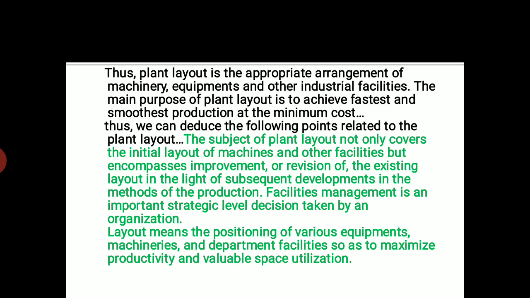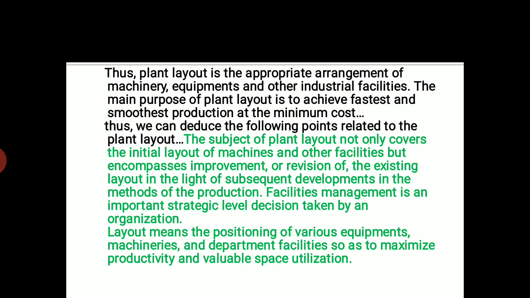Facilities management is thus an important, strategic level decision taken by the organization. So if you have decided what to produce, where to produce, and then how to produce, that how tells you how the internal arrangement should be, how the machinery and equipment should be placed so that we have the fastest, smoothest and cost effective manufacturing.